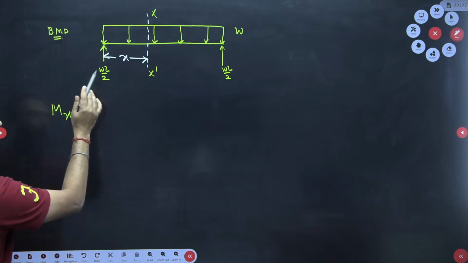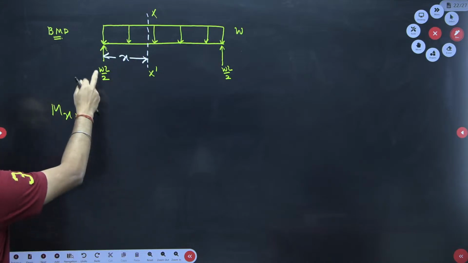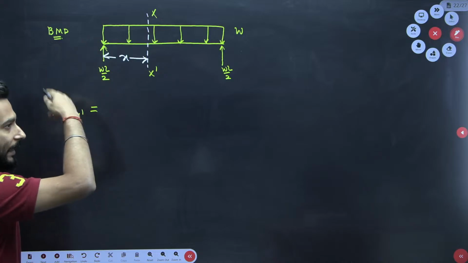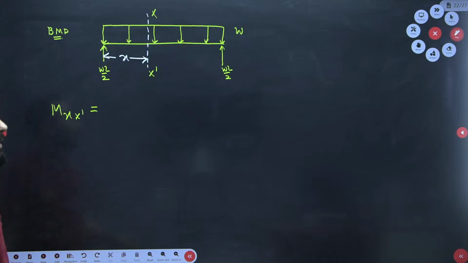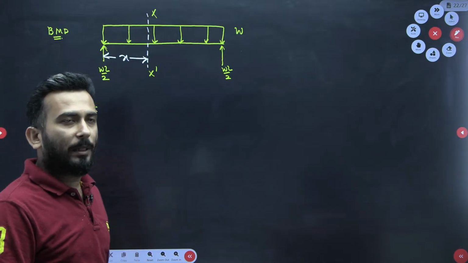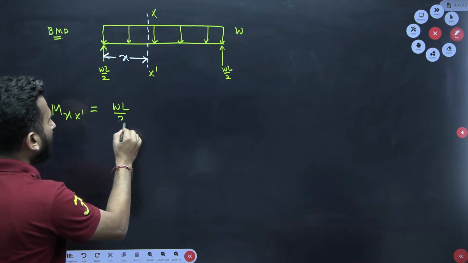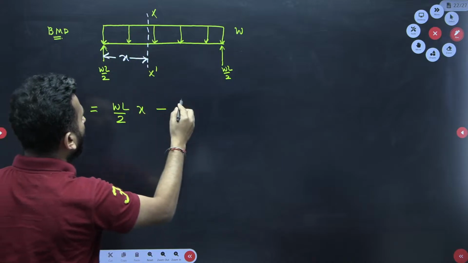The bending moment is coming due to two forces, one due to the point load and one due to the distributed loading. So this point load is creating a sagging effect, that is a smiley effect, so it will be positive. The distributed load is creating a hogging effect, or the sad effect, so it will be negative. So WL by 2 into the distance x minus, what is the magnitude of the distributed load till x?